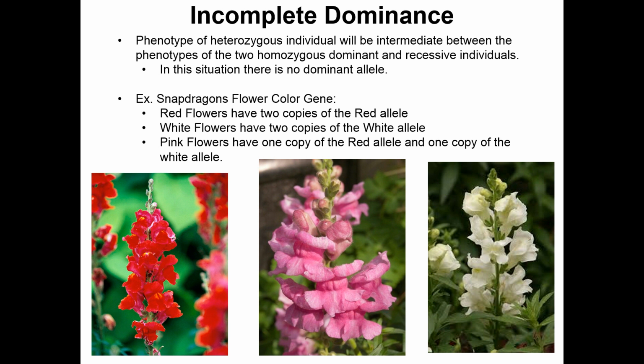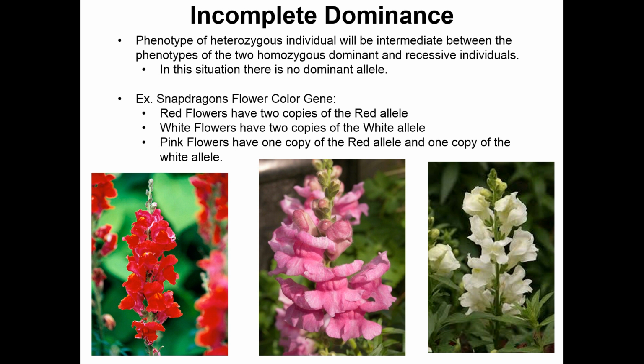Alright, so what about incomplete dominance? Thinking back to the very first topic we discussed in this chapter, we talked about this idea of a blending hypothesis. Well, incomplete dominance is an example of a situation that looks like the blending hypothesis might hold true, but in reality it doesn't.